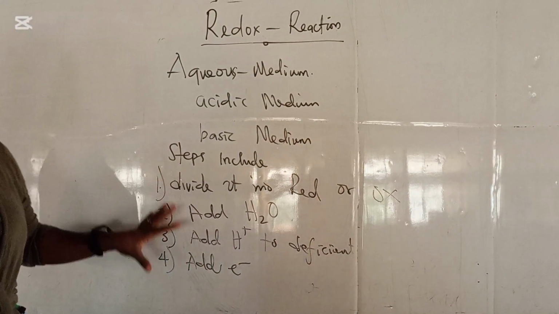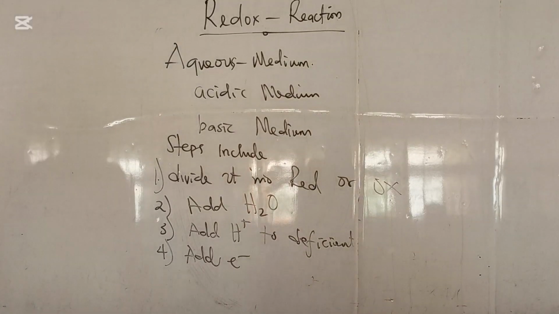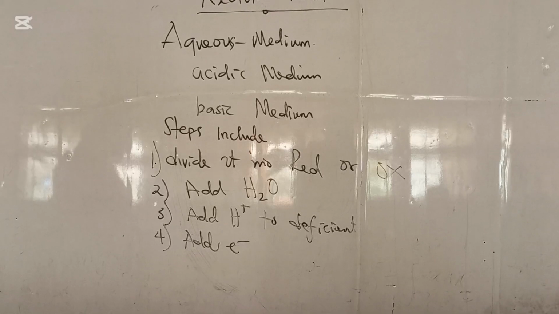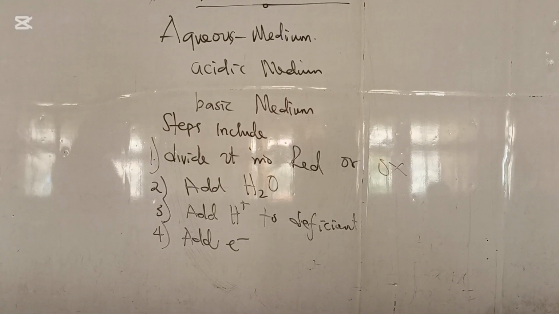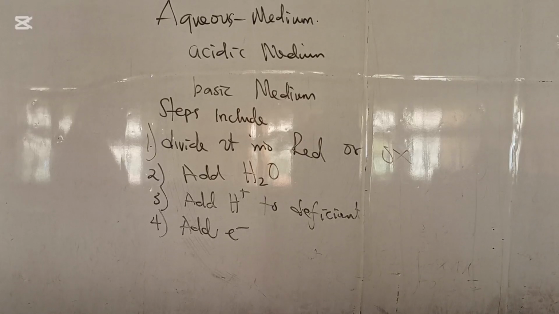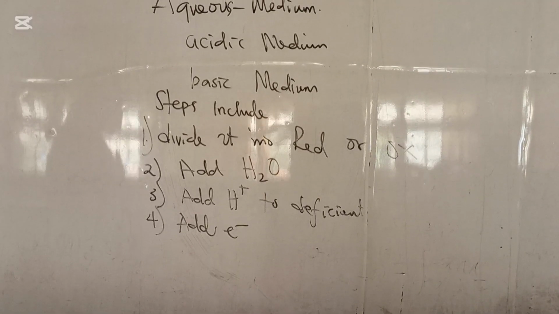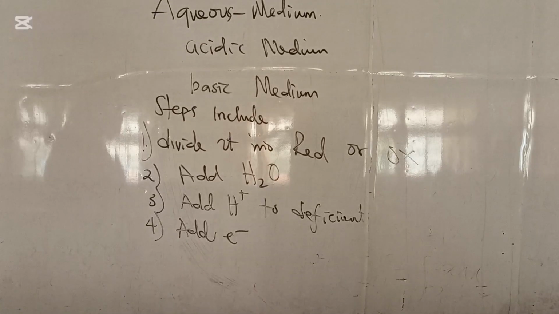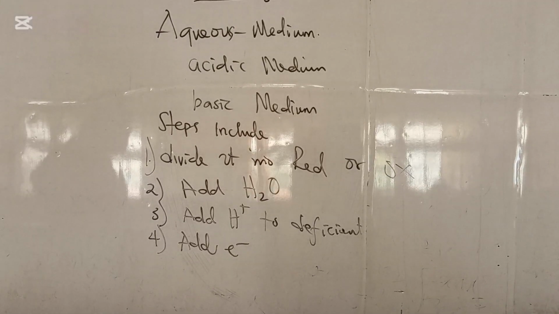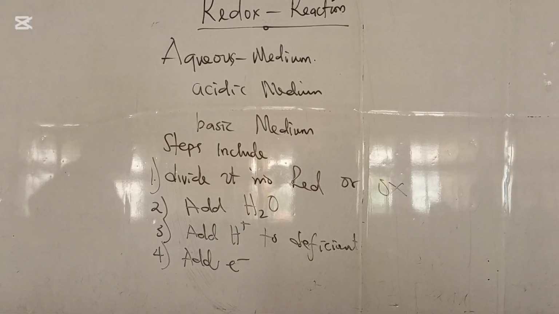When you have done this sequence, then you follow the second rule, which is to balance the electrons in both half reactions by multiplying through by appropriate values when necessary.